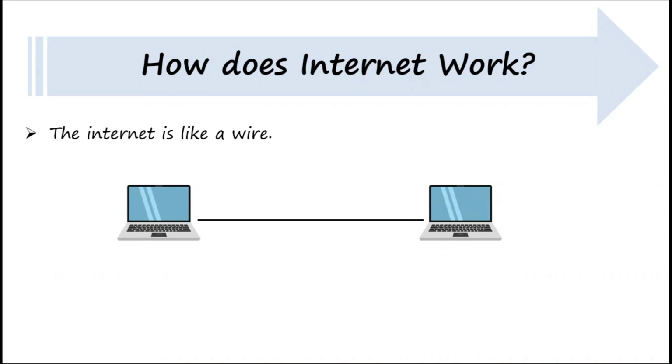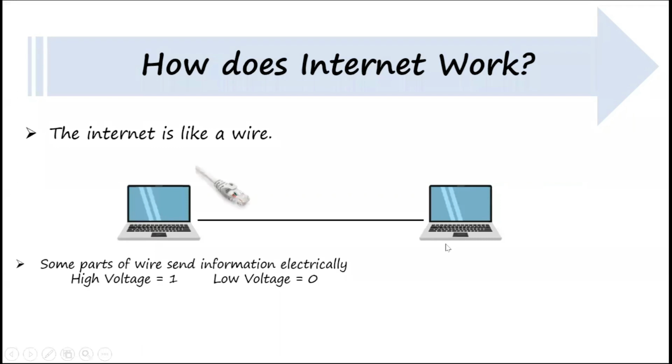Now, how does that wire sense zeros and ones? A wire is composed of many parts. Some parts of the wire can actually be made of copper wire, which you call your LAN wire. It could be called twisted pair cables. We can use high voltages coming through the copper wire and mark it as one. We can use low voltages coming from the copper wire and mark it as 0.